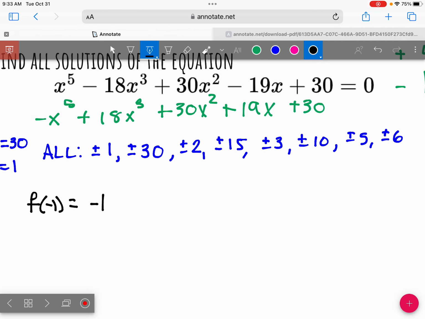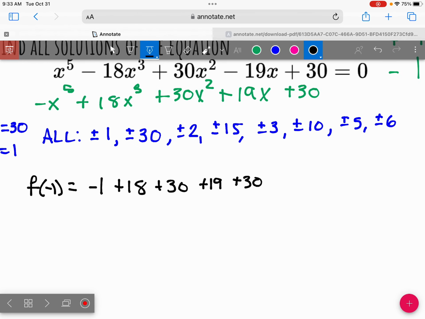So we're going to have -1 plus 18 plus 30 plus 19 plus 30. Is that going to be 0? No. So we know it's not -1. What do you want to do next? You want to do positive 2 or -2? We can do whatever you guys want. I heard -2, so let's do it.